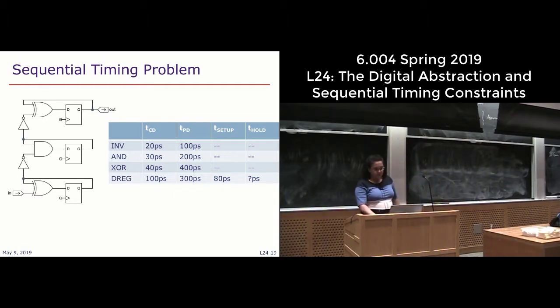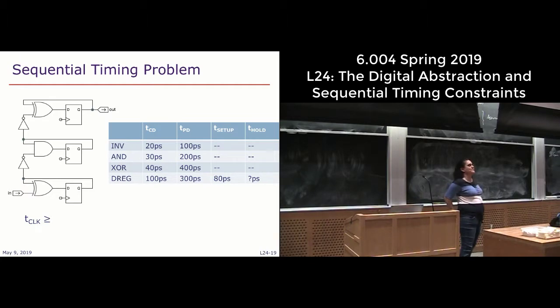Okay, the first thing I want you to think about is the clock period. How do I figure out the minimum clock period that I can run this circuit at? What do I have to allow for in one clock period?